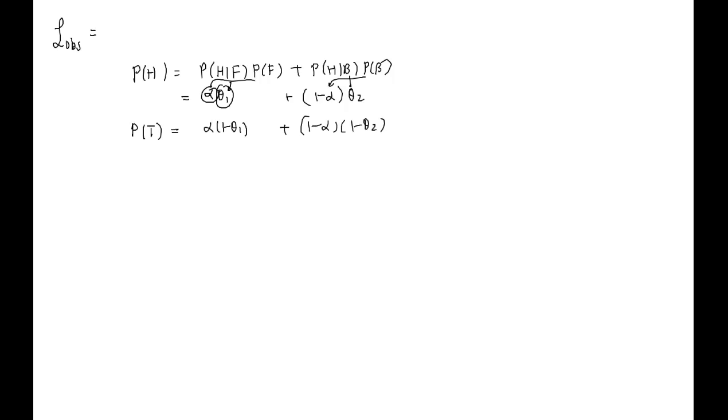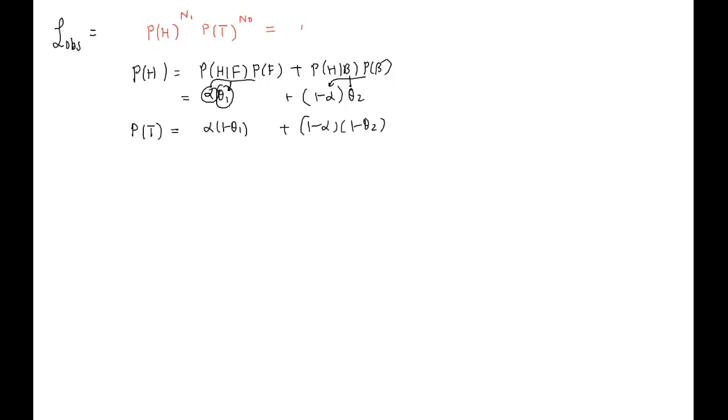And therefore, for your observed likelihood, it's probability of hit raised to the number of hits, and probability of tail raised to the number of tails, right?